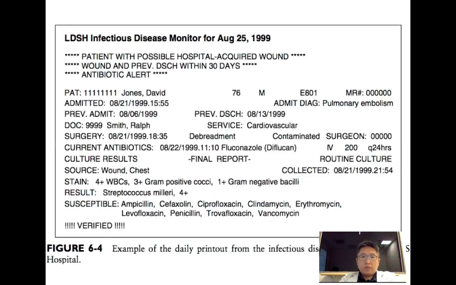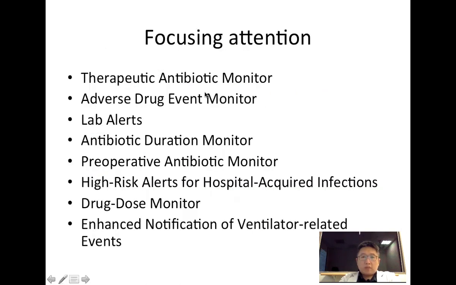So here is the infectious disease monitor. If a patient gets an infectious disease, they will generate a report daily. They also have a therapeutic antibiotic monitor, which provides guidelines for how to use the antibiotic dosage and the ADE, the lab alert, and antibiotic duration.